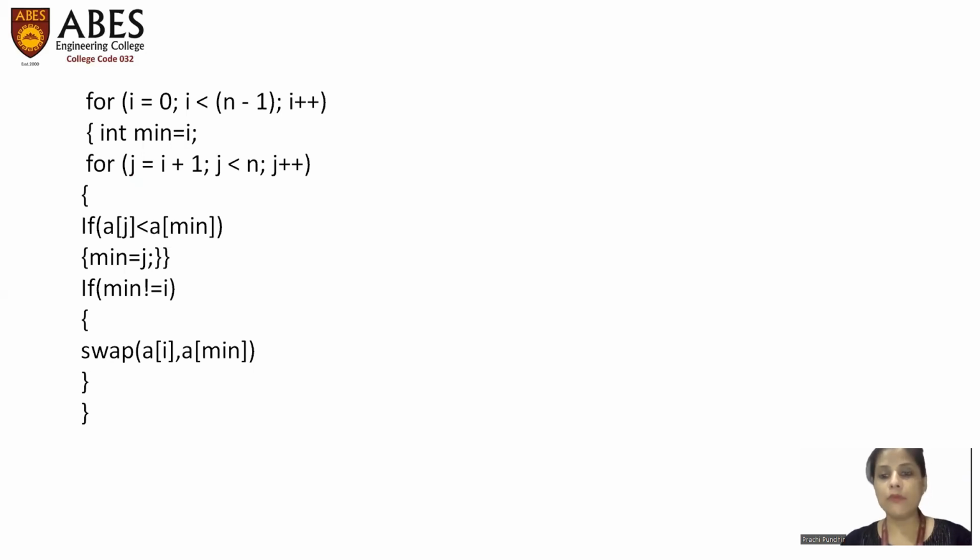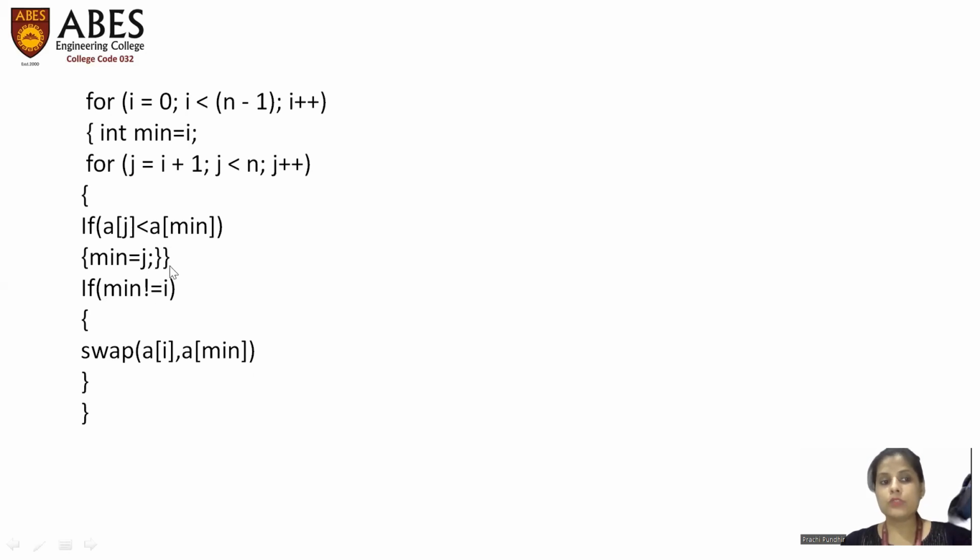If whatever we have taken as the minimum is the minimum, then there is no need to change the value in the min variable. But if a[j] is less than a[min], then we can say by this condition that the a[j] element is the minimum one, and our variable min will be updated to j.